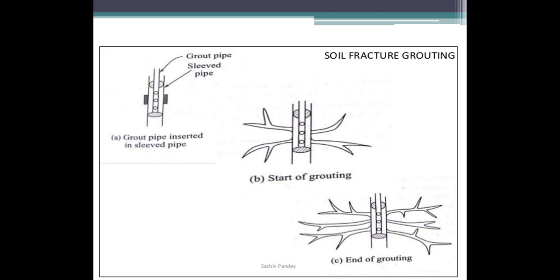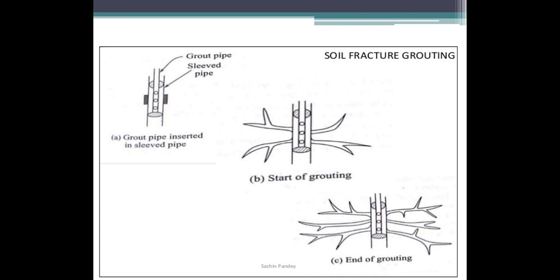Sleeved is nothing but the grout pipe is perforated, with holes present all around. When the grout is injected at high pressure, the grout is pressurized through those holes, and that will form lens-like structures there, which leads to the heaving of the ground, displacing of the ground.